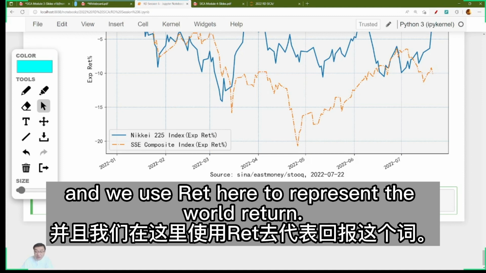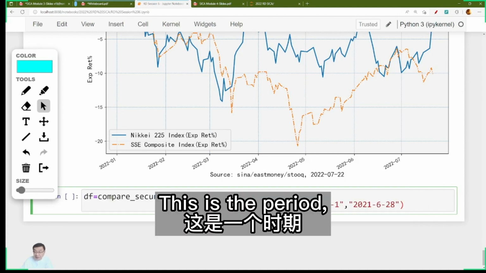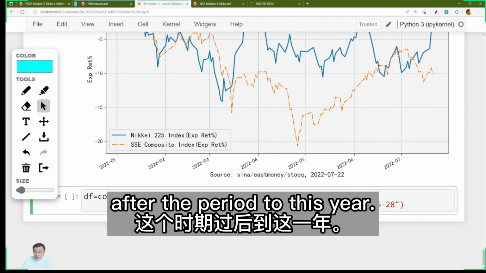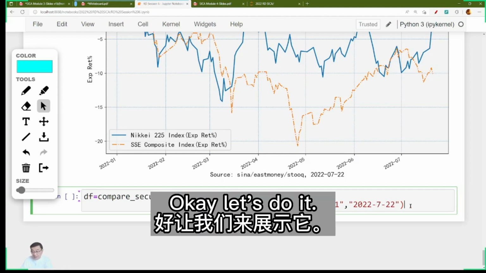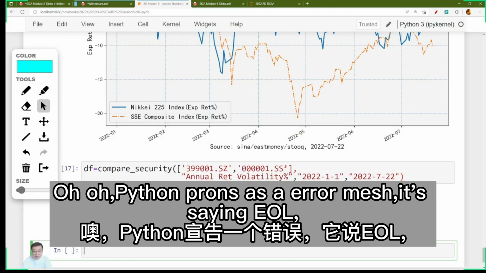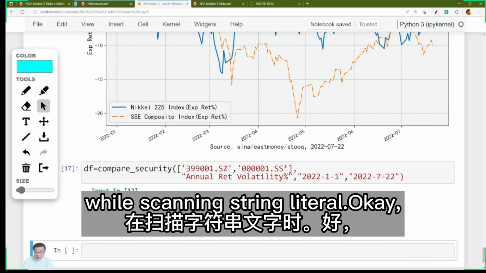Okay, we use RET here to represent the word return. This is the period. Okay, we update the period to this year. Okay, let's do it. Python prompts us an error message saying EOL while scanning string literal.